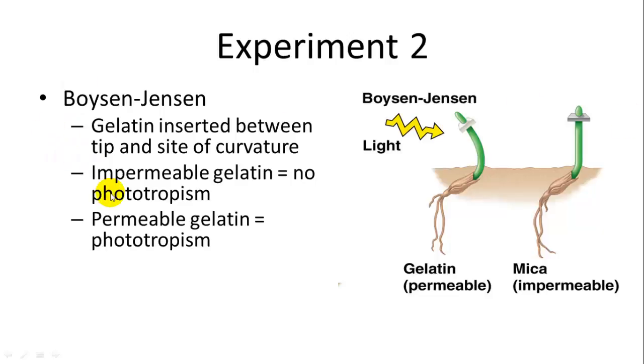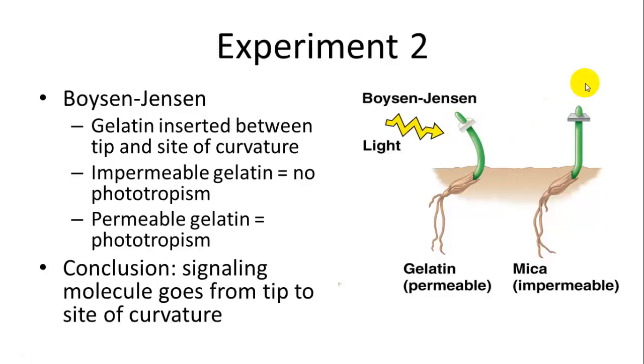And what they found was the impermeable gelatin, even though everything else was intact, didn't allow things to flow from the tip to the middle part of the coleoptile, and it did not bend towards the light. But a permeable gelatin, which allowed chemical substances to flow through it, did. Okay, so the conclusion is that there's something coming from the tip to the site of the curvature, causing it to curve.